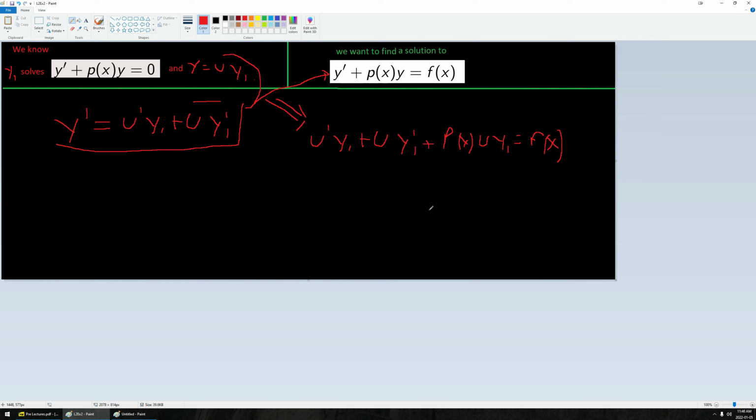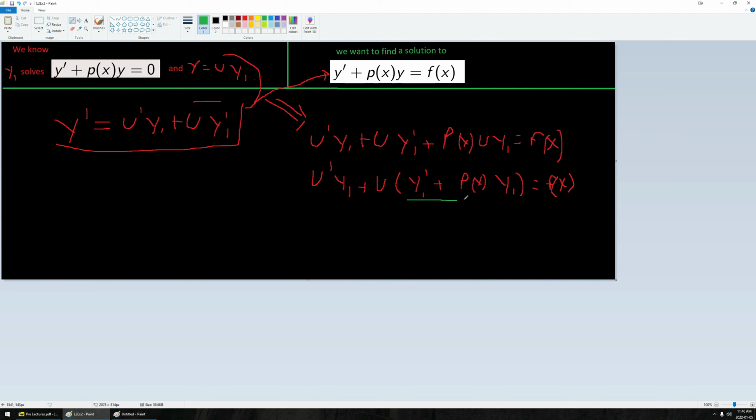Oh, no, wait, let's notice something here. These two terms here have a u in common, right? So let's factor out the u and see what happens. Well, here, this would simply be u prime times y1 plus u times this y1 prime plus p of x times y1 is equal to f of x. Okay, again, how does this help?